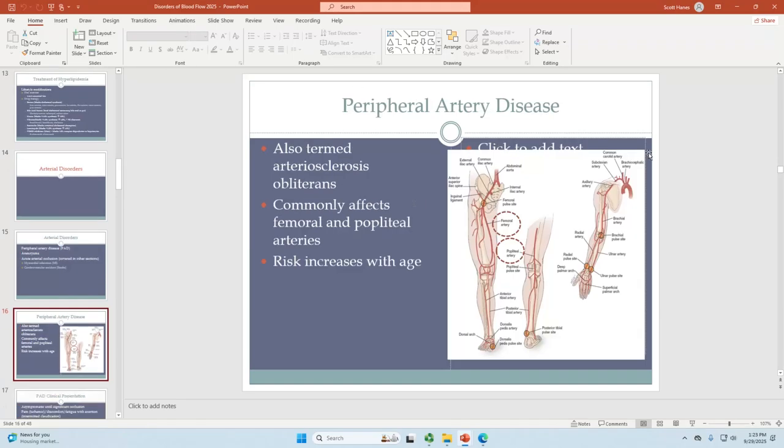Okay, so peripheral arterial disease sometimes can be called arteriosclerosis obliterans. Most commonly, peripheral arterial disease is just a little easier to say. And what I've done here is circled the most common arteries that are affected. Femoral artery and popliteal arteries is where these plaques tend to form more commonly than others, but they can form in others. It's just the most common.